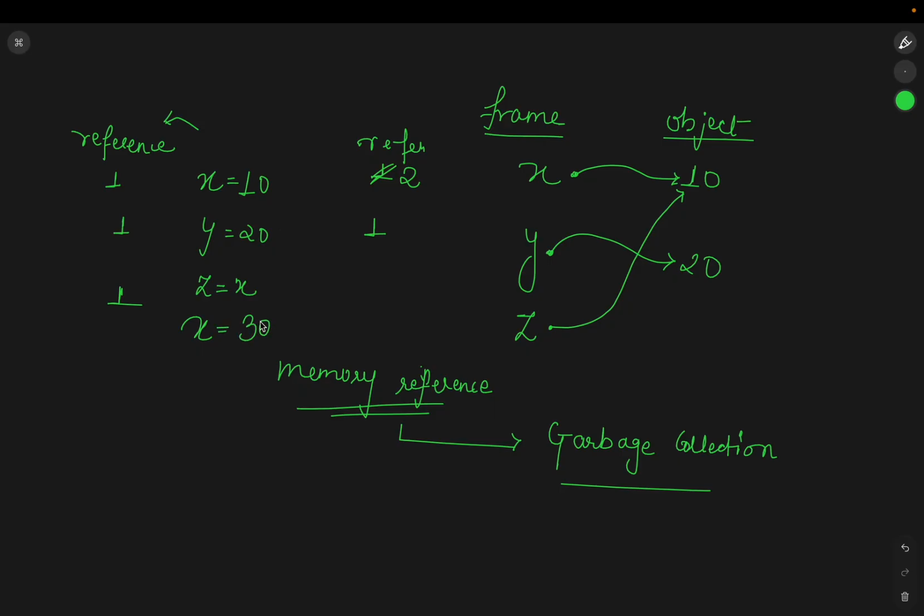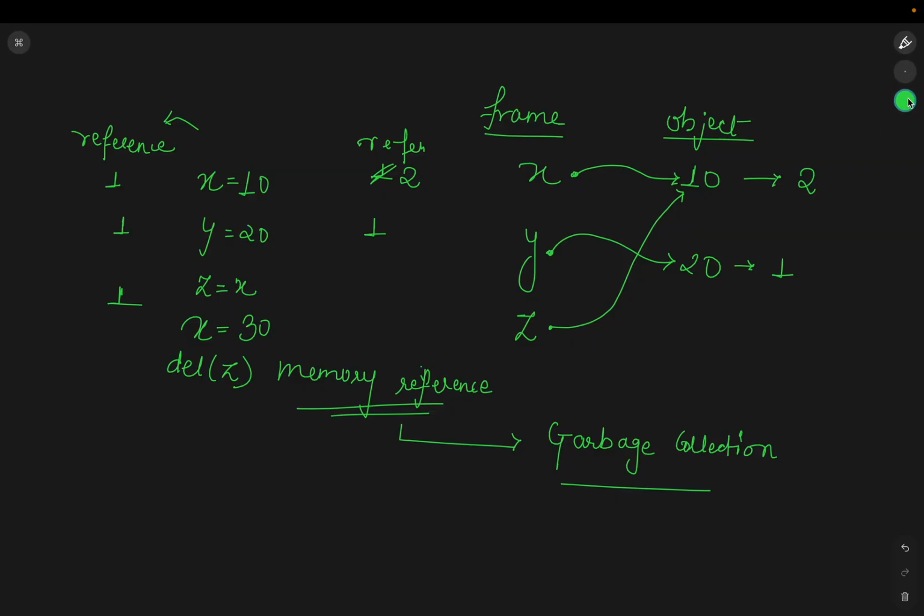Okay, now what I am doing? I am going to delete z. Whenever you are writing x is equal to 10, no problem. y equals 20, no problem. z is equal to x, no problem. So what is the reference count of 10 as of now? 2. What is the reference count of 20? 1.